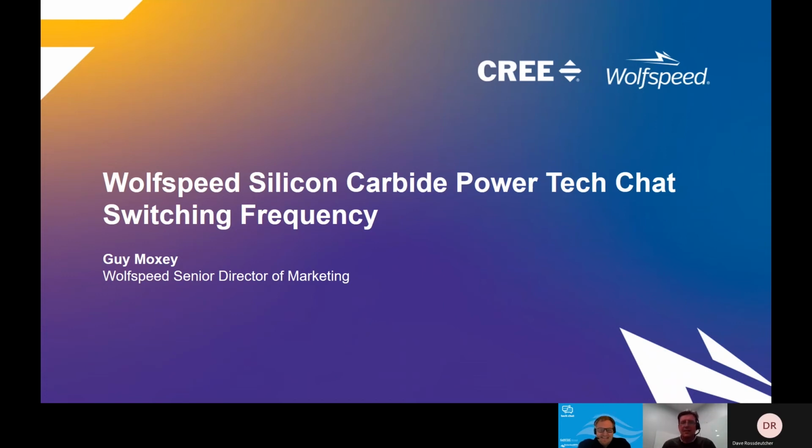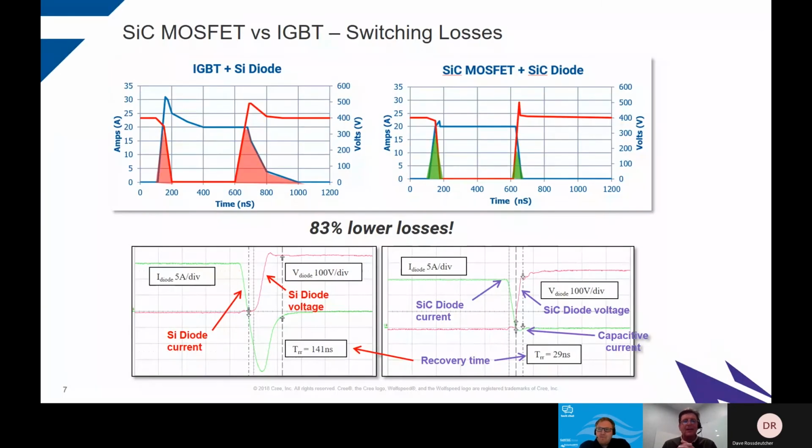No one single answer. I would just say silicon carbide is magnificent across many different circuits. But, bottom line is people use silicon carbide against, say, IGBT because, of course, those very fast switching rates and a lack of tail current, as you can see here. And then even within whether it's a silicon carbide diode or within the body diode of the silicon carbide MOSFET, you can see we have this minuscule reverse recovery.